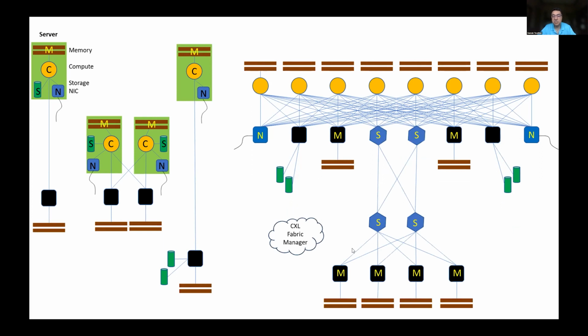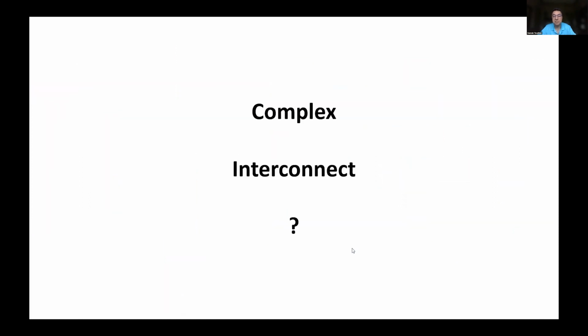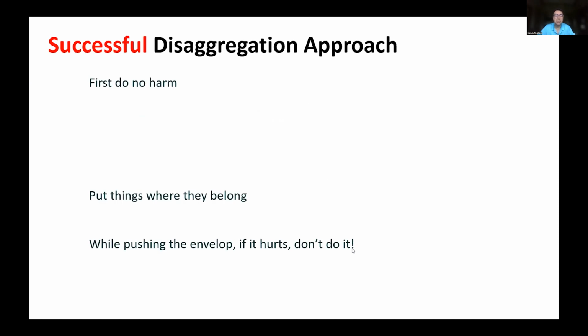These appliances could be memory appliances, storage appliances, or GPU accelerator appliances, all connected through a similar structure using a CXL memory fabric. Now, of course, we have challenges because some of these interconnects are complex, and that's why we have system people within OCP and other companies to solve some of these problems.